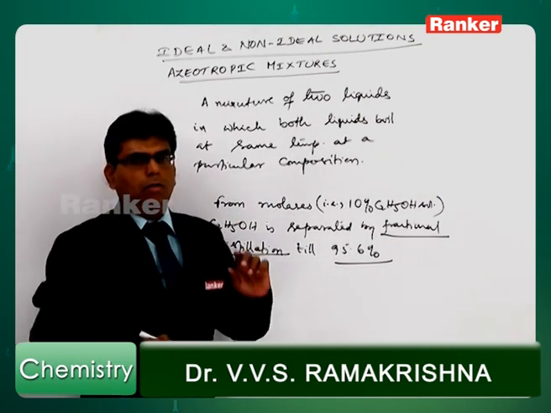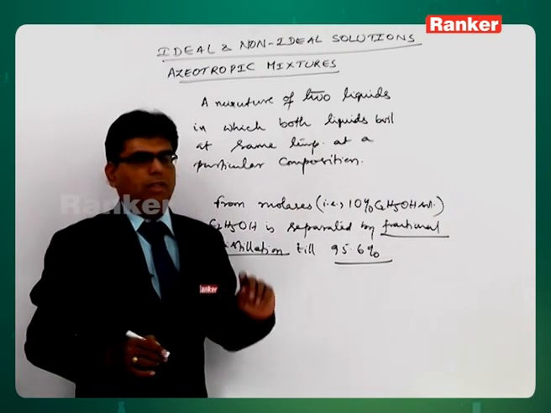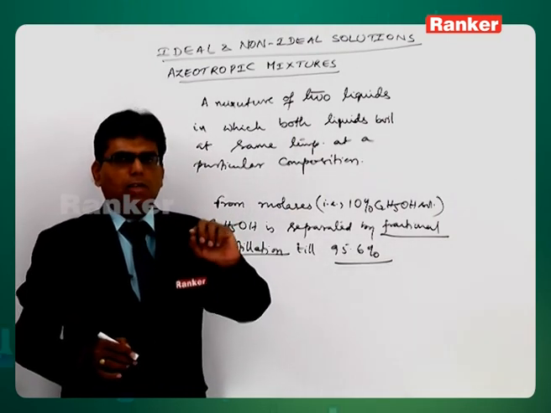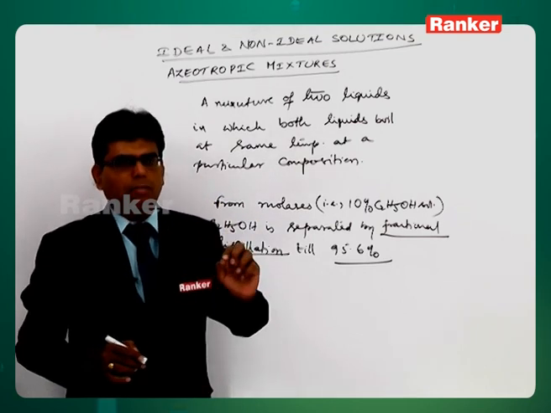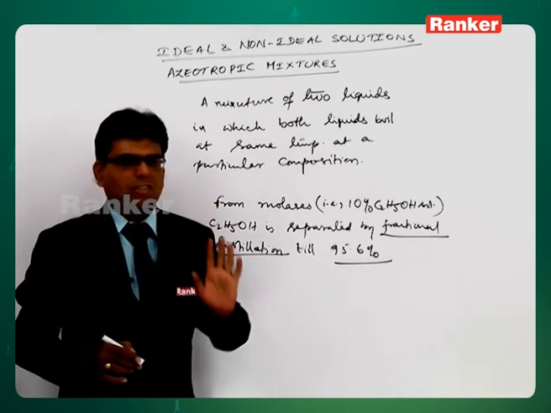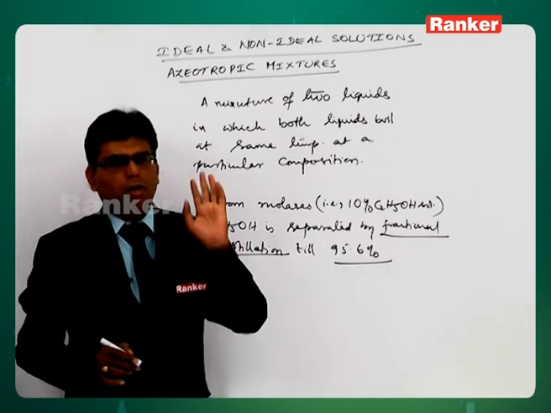Means, as in the previous example that I have discussed, ethyl alcohol boiling point is about 351.3, water is 373. Ethyl alcohol boiling point is less.